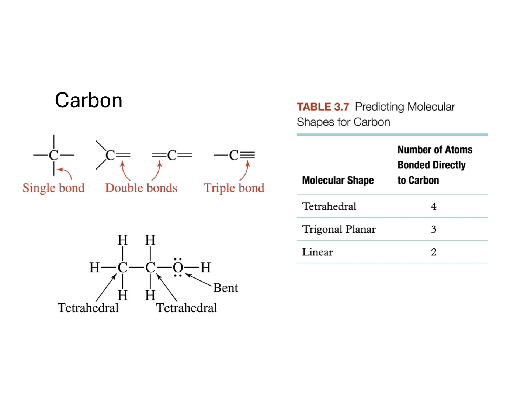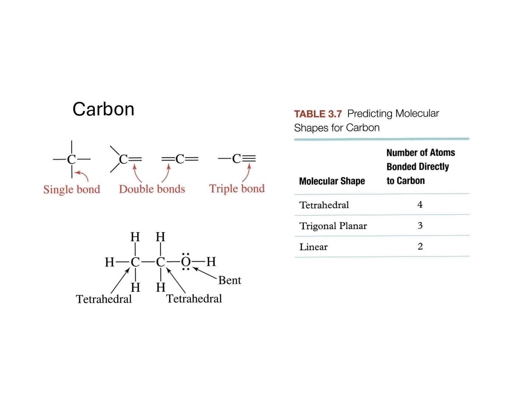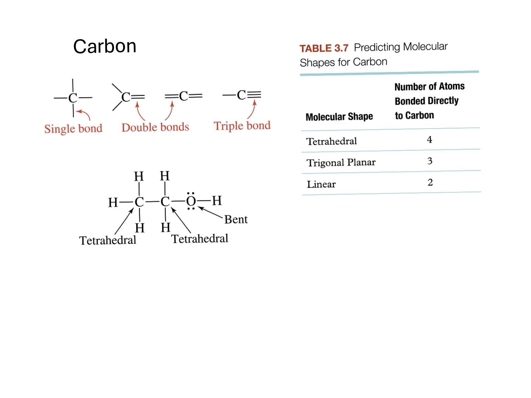And so just based on carbon, the carbons we're going to see are not going to have any lone pairs on them. You will only see their molecular shape as being tetrahedral, trigonal planar, or linear. Okay, so those are the 3 we're going to see with carbon. With oxygens, our oxygens will have 2 lone pairs on them most of the time.